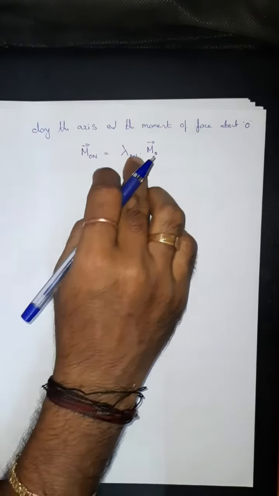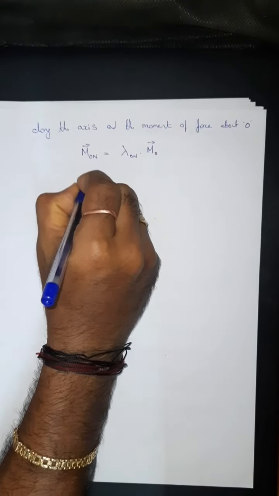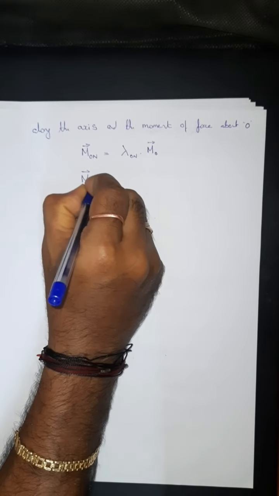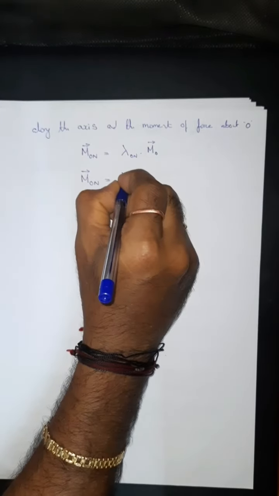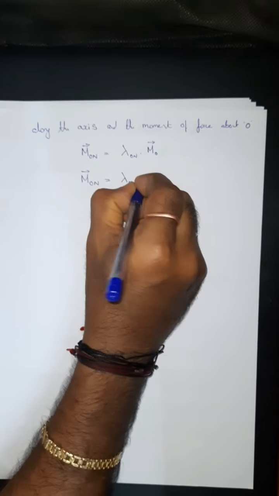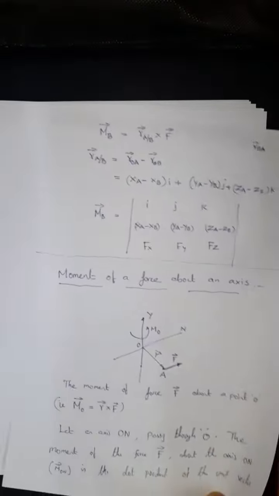Right? So in other words, it can be written as moment about ON equal to lambda ON into MO. I have written here MO as position vector into force vector, isn't it?